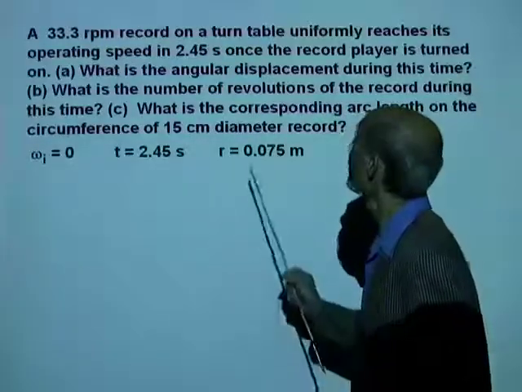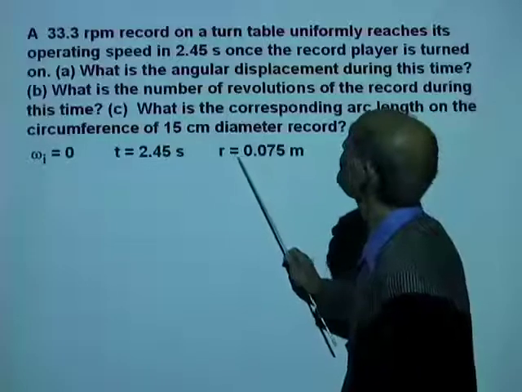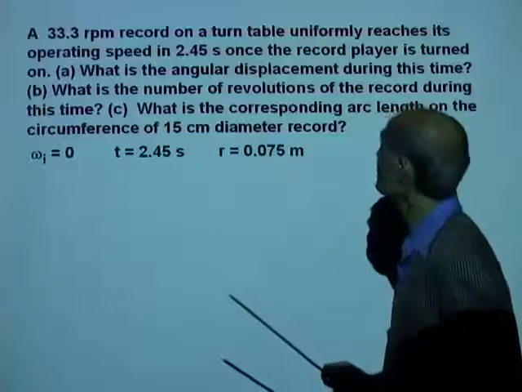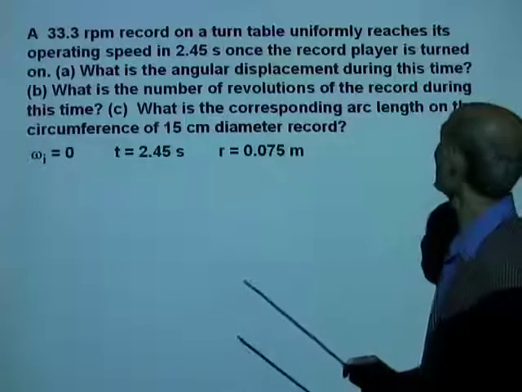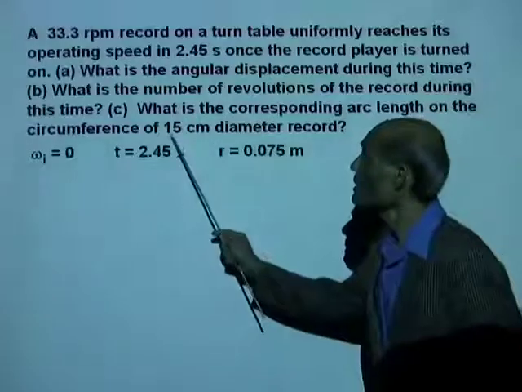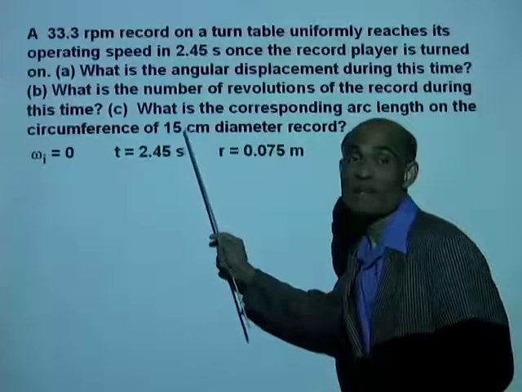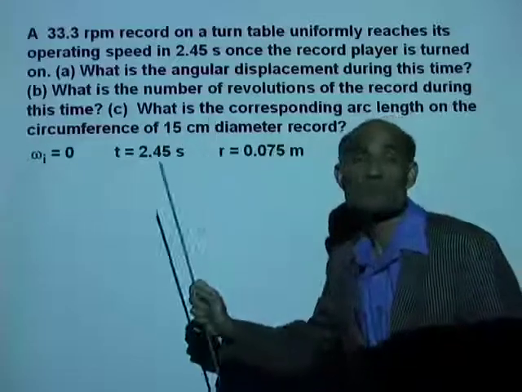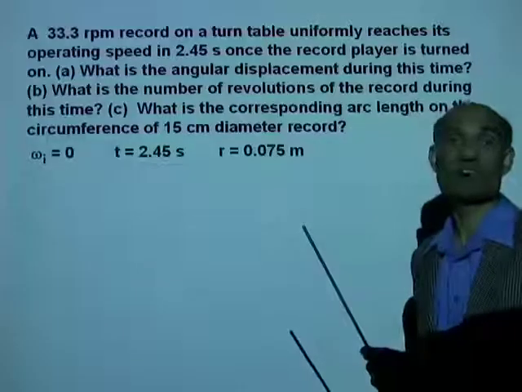The radius of the disk: 15 centimeter is the diameter, that means its radius is 7.5 centimeter, which is 0.075 meter.